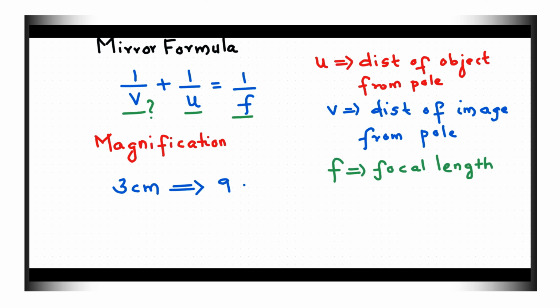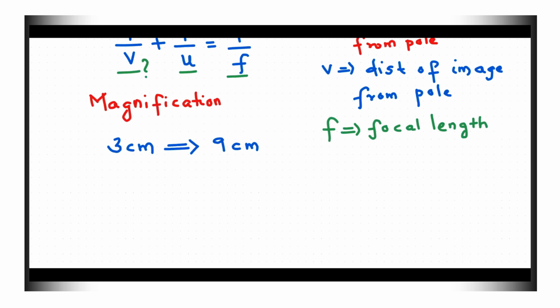That means it is enlarged. Enlarged how many times? So this is the height of the object and this is the height of the image. We can see that 3 became 9. That means it is 3 times magnified.